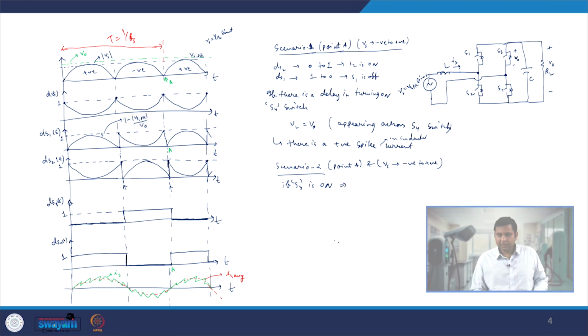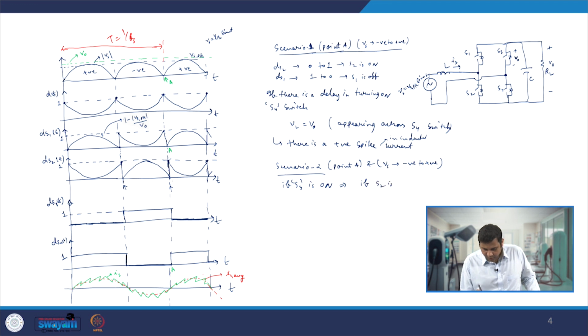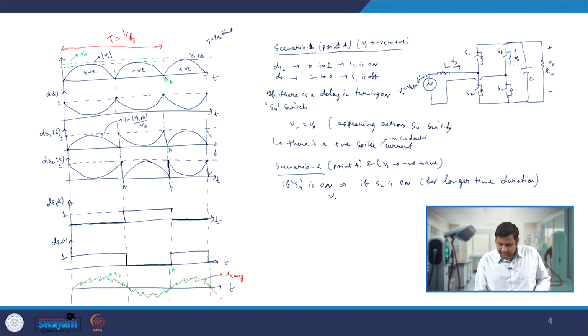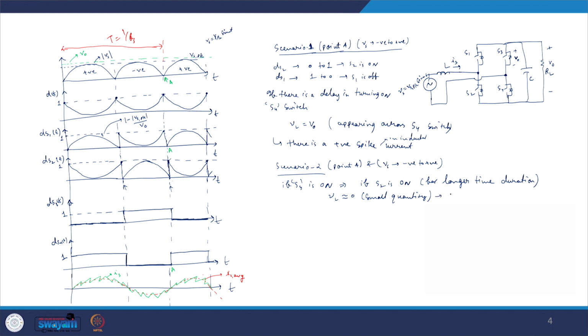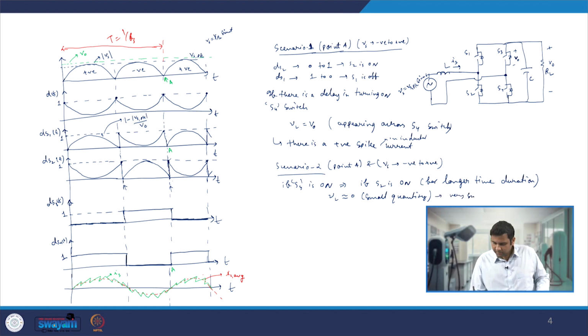So what happens during that time, if S2 is on for a longer time duration, my VL is nearly equal to 0, or a very small quantity, and that is when it has a very small positive slope.